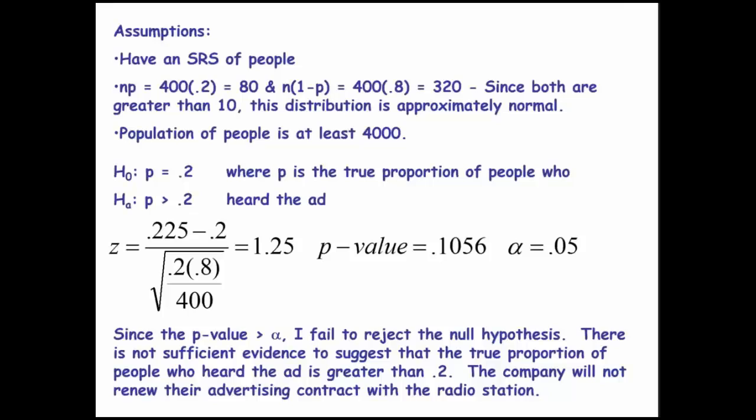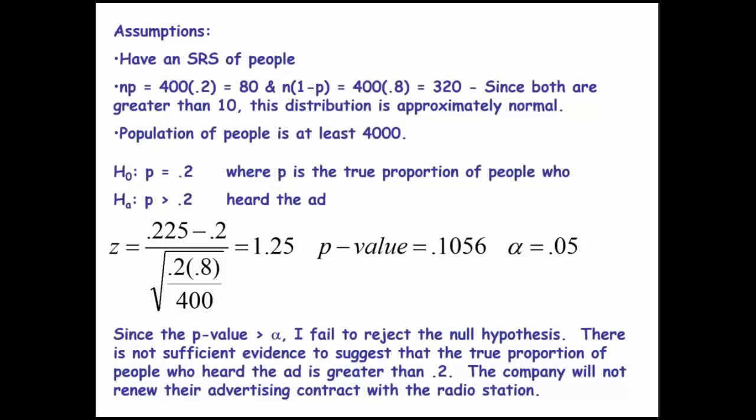All right, so let me back up a second and point out what happened. Even though 90 out of 400 seems like a lot, the 90 was not large enough. Based on a sample size of 400, there should just be more people out there that actually claim that they heard the radio station, if in fact a random sample would have shown that.